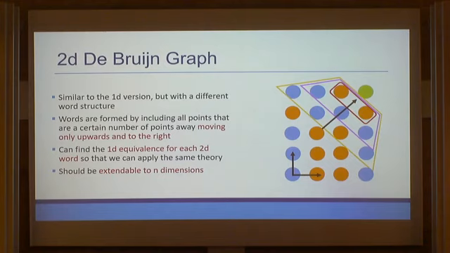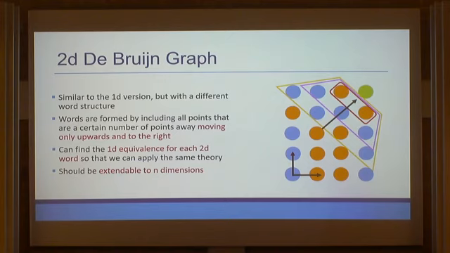If we're looking at the green point and which words this green point is dependent on, each of these were formed by how many points away it was, moving either upwards or to the right.